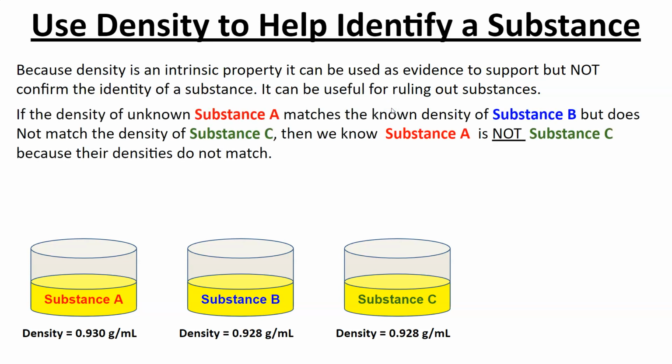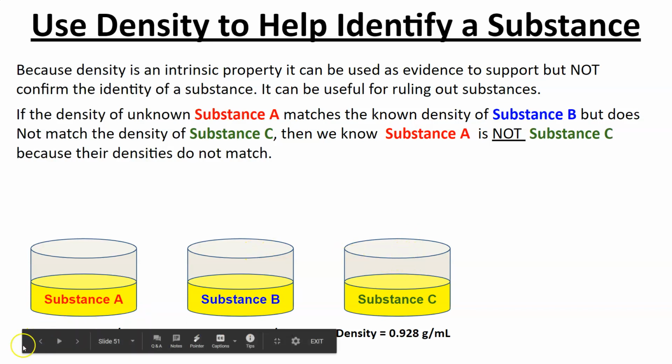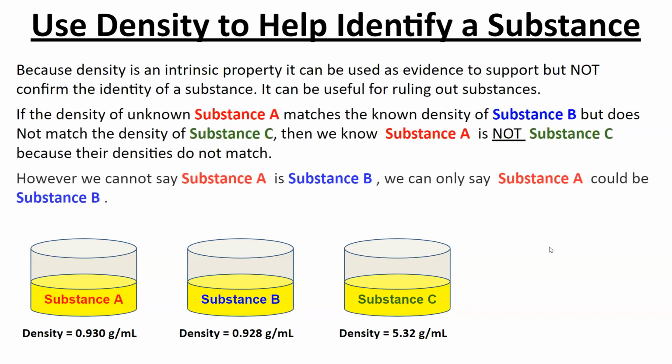Let's say, for example, you have three substances, A, B, and C, and the density of A matches that of B. Notice how the densities are pretty close, but it doesn't match that for C. Okay, another typo there, sorry, guys.